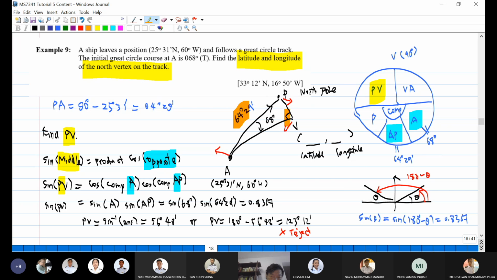Then PV is a smaller angle, smaller than 90 degrees, so the side should be smaller than 64. So PV must be 56 degrees 48 minutes, because otherwise it's too large already. So reject here.